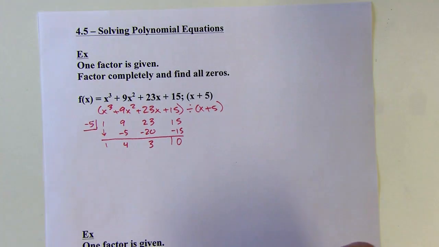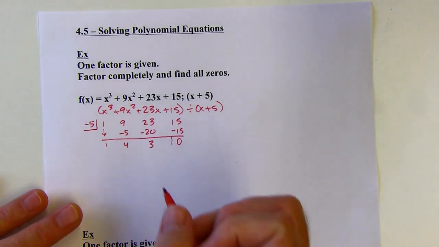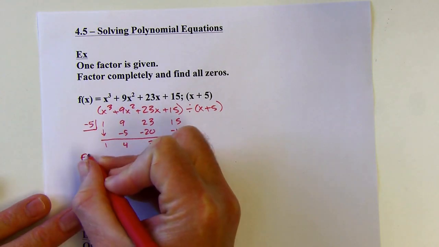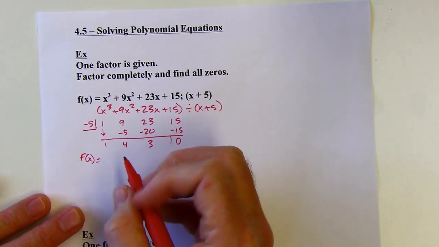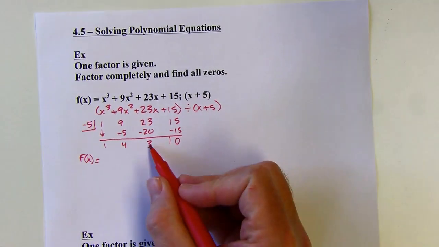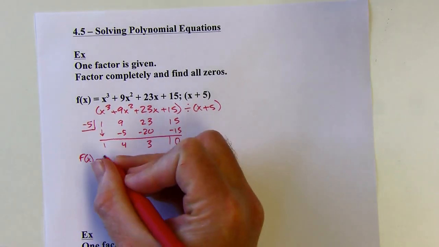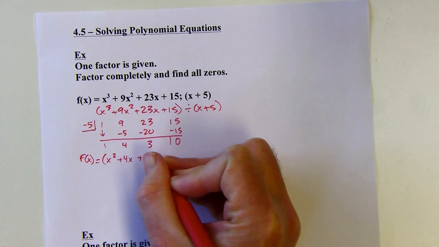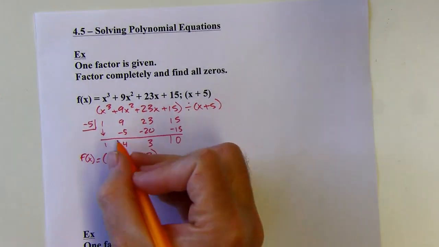I've now verified that. Okay, but what I was actually doing is taking my original function and breaking it down. So what I've got left here, this would be 3, 4x, this is x squared. So x squared plus 4x plus 3, that's this, right?